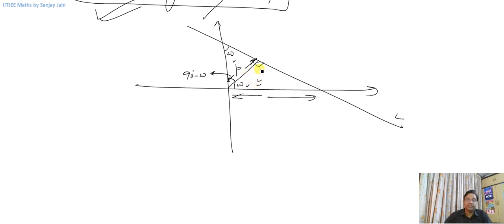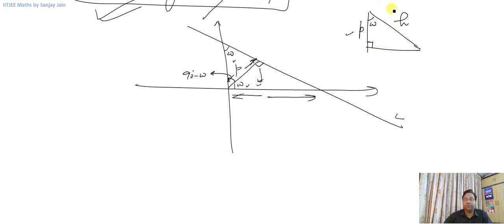See, this is opposite 90 degrees, so it is hypotenuse, right? This is what I mean to say. If you have got a right angle triangle, let us say, and this is the hypotenuse, and you have got this perpendicular, this is opposite 90 degrees, and this is one of the adjacent sides, and this is the angle I'm talking about, omega.